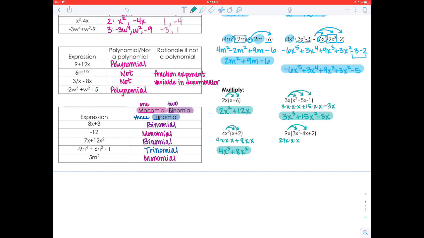Then 9x times negative 4x, that's going to give me a negative answer. 9 times negative 4 is negative 36 times x. And then 9x times 2 is 18x. Okay, so this is going to give me 27x cubed minus 36x squared plus 18x.